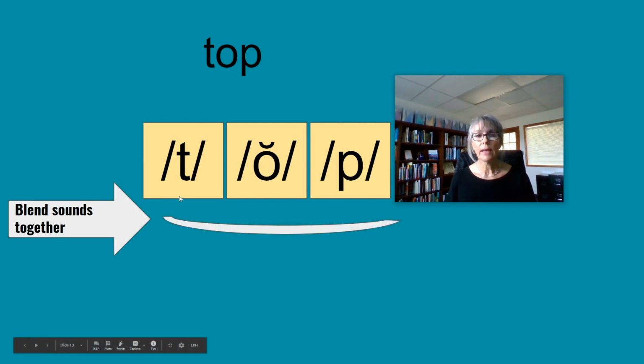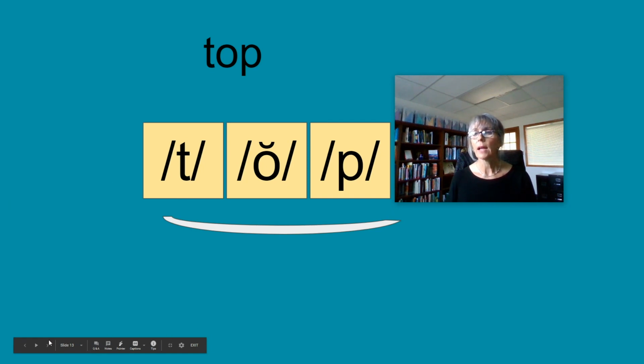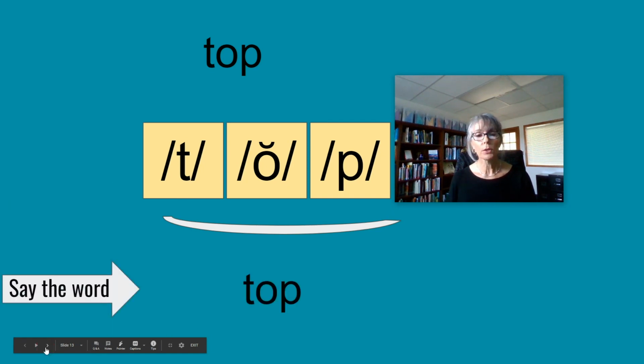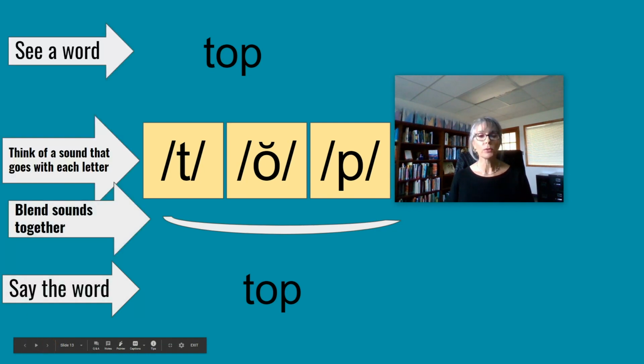I'm going to blend that together. Top. And then I can read the word. Top. And then I write the word. And students will need to practice this process many, many, many times.